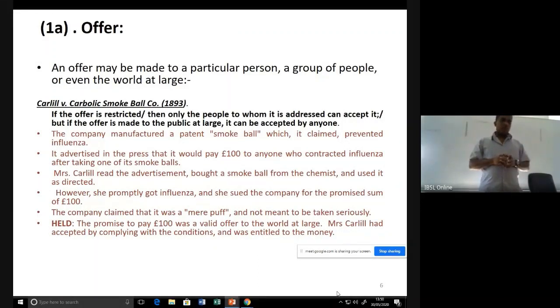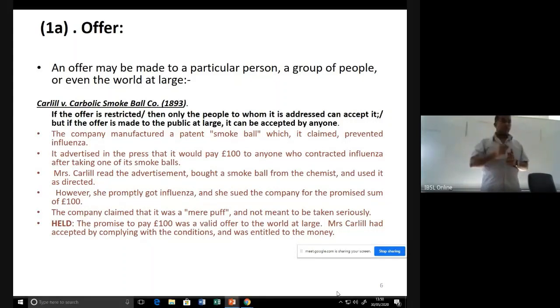The court decided that the way the company made the offer, it is not an offer to a particular person or group, but an offer to the world at large.